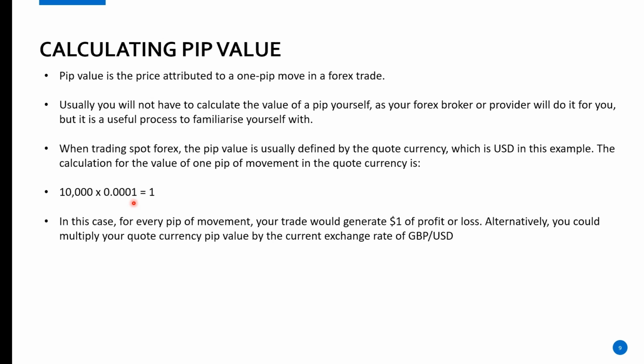Each order you make will be in a lot size. So assuming you're trading a standard account, one full lot size is 100,000. So you have 100,000, then you multiply that by 0.0001. That gives you $10.